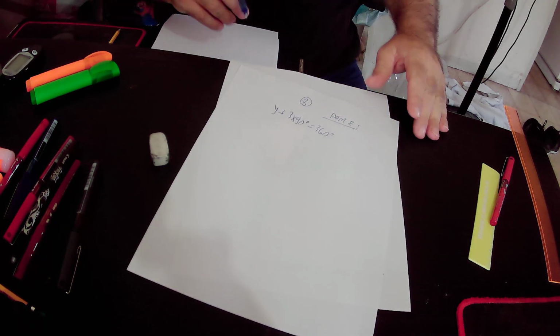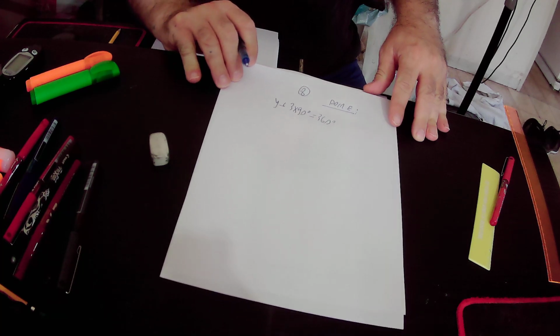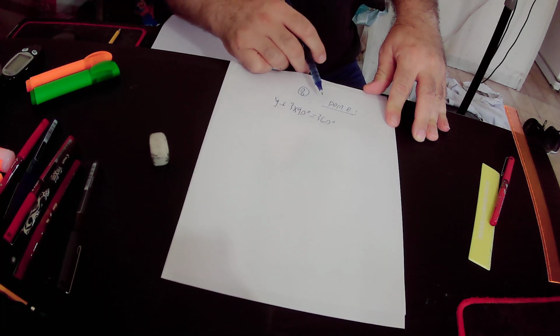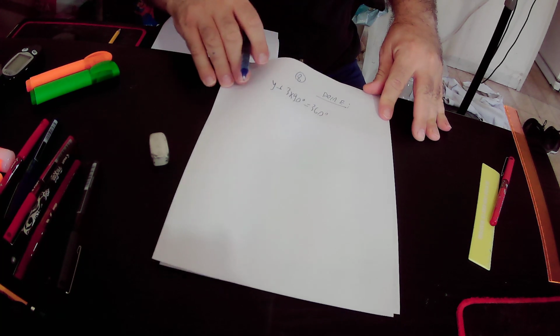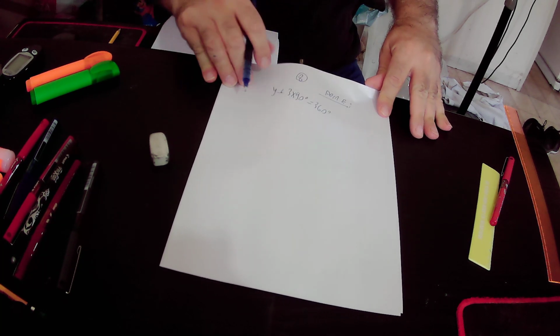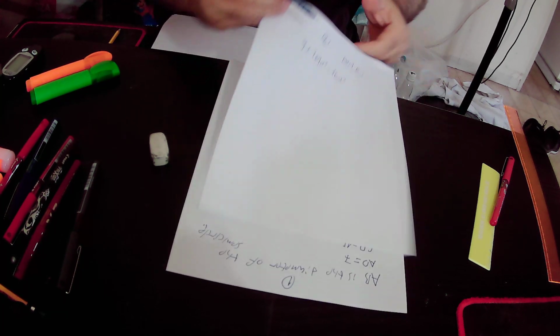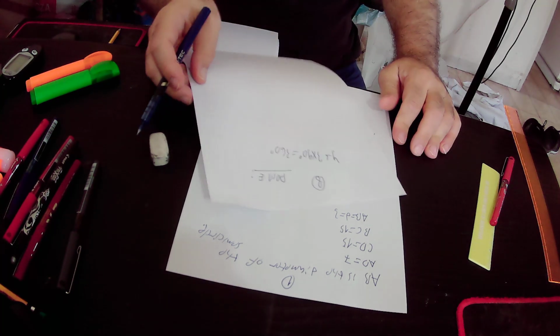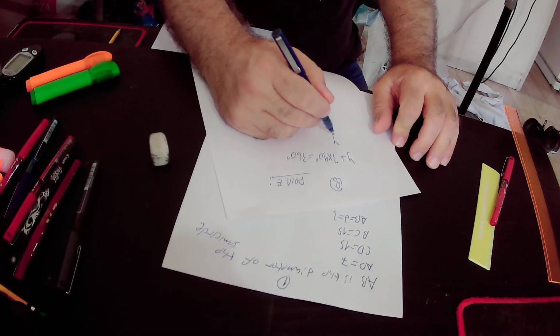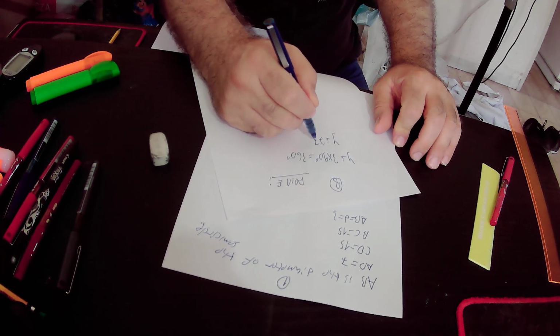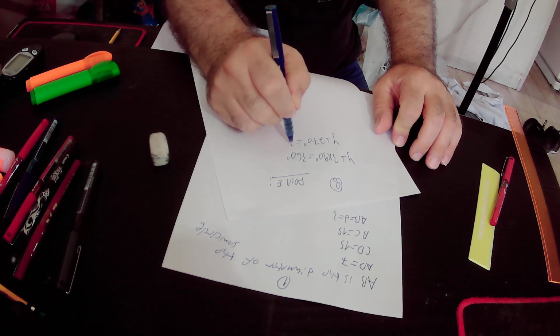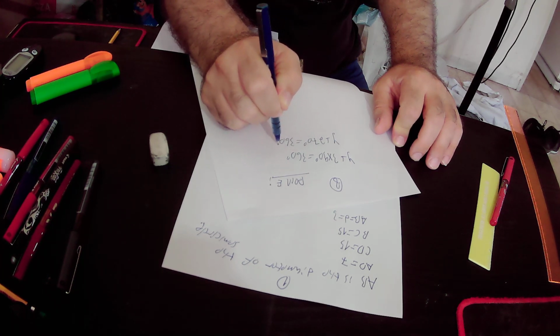So Y plus 3 times 90 degrees must be equal to 360 degrees. So Y plus 270 degrees must be equal to 360 degrees.